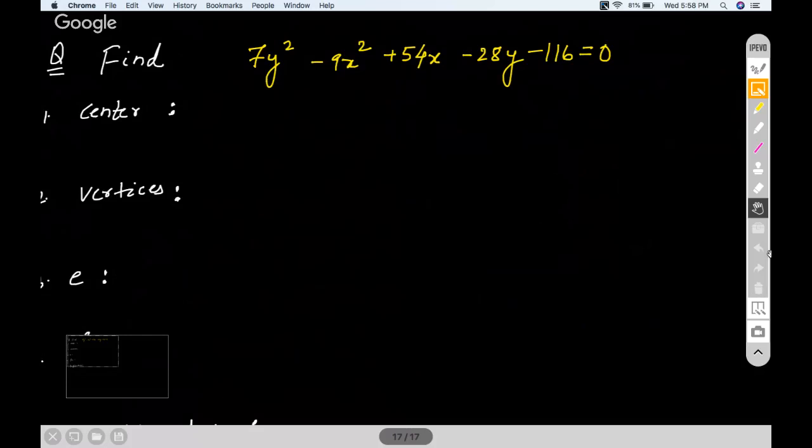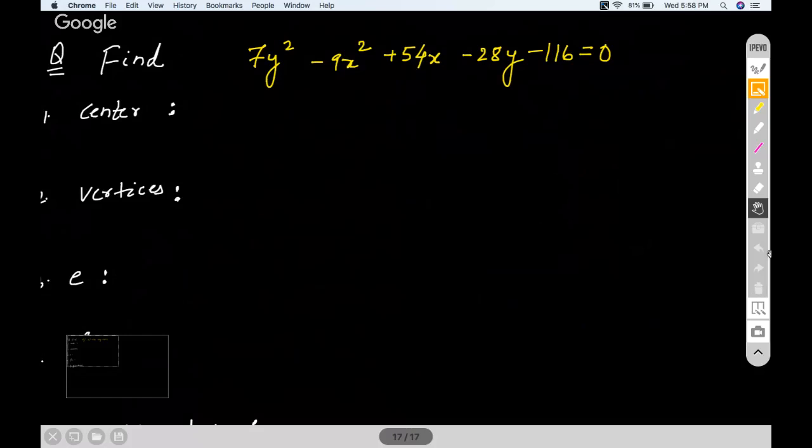Nidhish, are you there? Please type yes if you're there. Yuja, type yes if you're there.